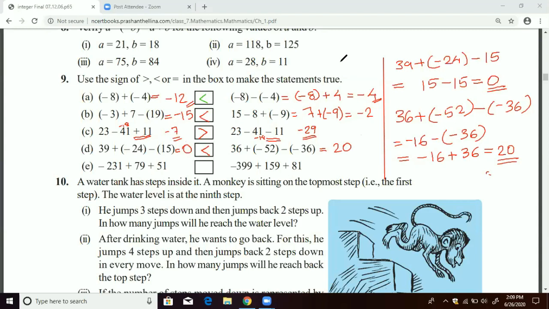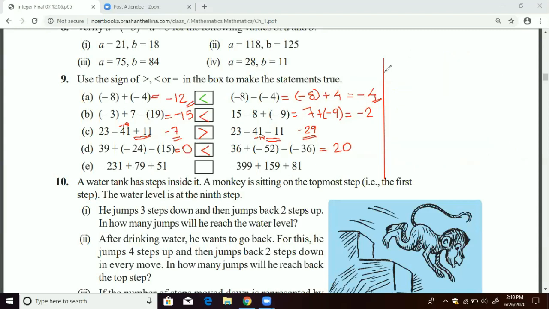Now we can do the next question. We can write the next question: minus 231 plus 79 plus 51. For this, here also 231 and 79 have different signs. For that, we are finding the difference between 231 and 79.